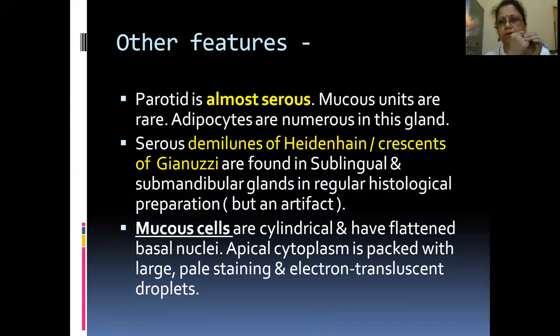You can see a ring, a typical signet ring appearance. You remember like you have in the adipocyte. Here the total cell will look whitish, pale stain, because the mucus is pale stain, and the nucleus will be sent to the base. Okay, flattened nucleus.